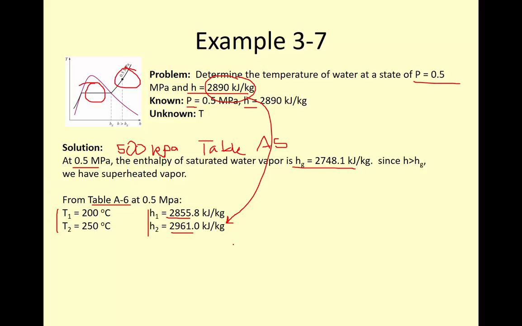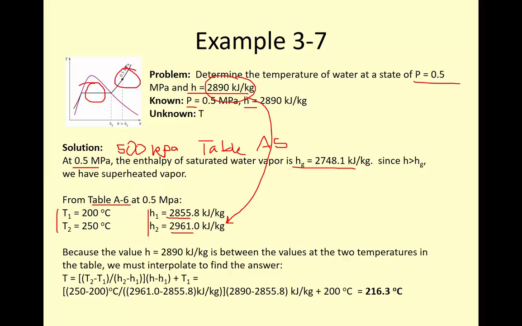It's pretty close to the middle of those. As we do our interpolation, we find that our temperature is 216.3, which is about what we would expect. It's not quite 225, so it's not exactly in the middle, but it is closer to 2855.8. So it makes sense, and that's good.